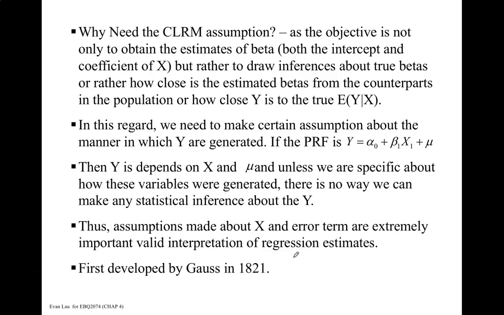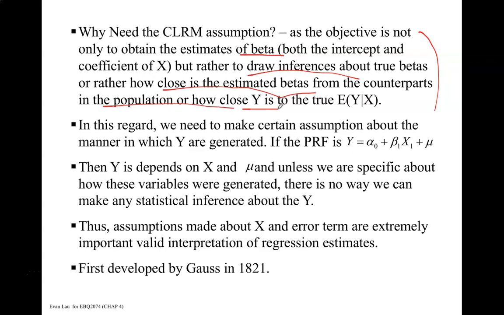All right, so why do we need to have these assumptions? The objective is not just to obtain the estimates of the betas, the intercept and the beta, the alpha and the beta, but also to draw inferences about the true beta, or rather how close the estimated beta is to its population counterpart. How close is the sample regression function to the population regression function?